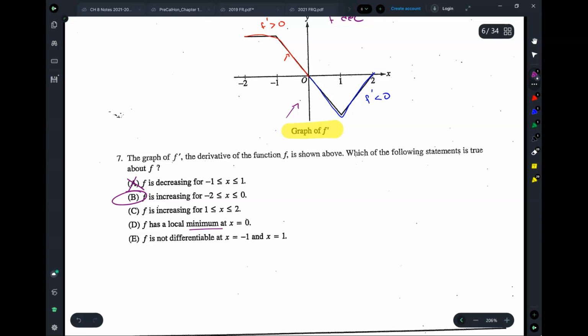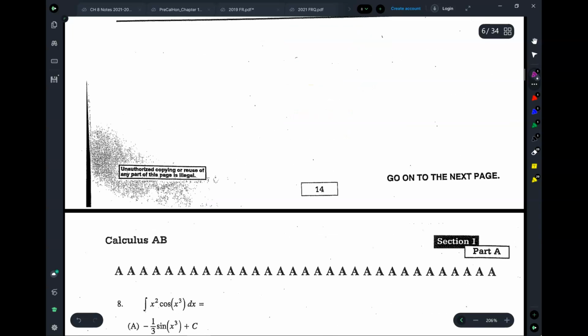F has a local minimum. No, because it's increasing then decreasing, so it is a maximum there. F is not differentiable at x equals -1 and 1. What do you guys think about that? No, f is differentiable because f prime exists, right? So B is the only one.